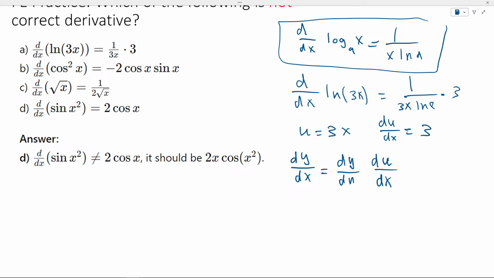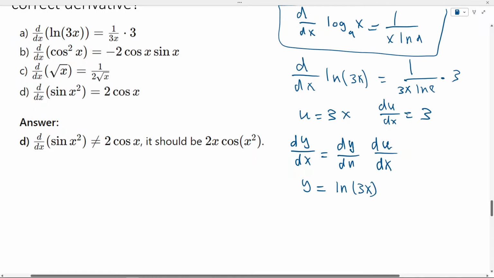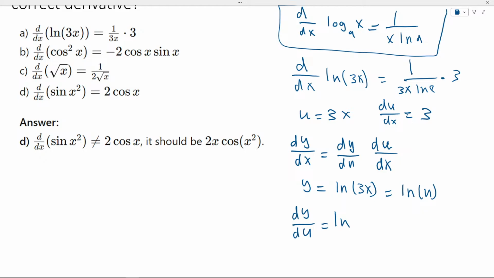Now dy over du: my y function is ln 3x, that's my y function. And then that is equal to d ln u over du.